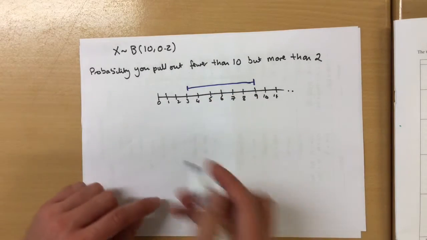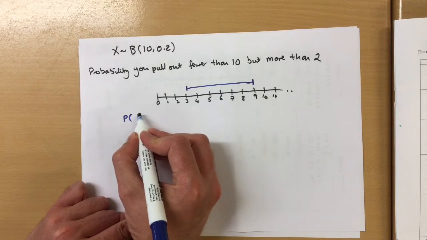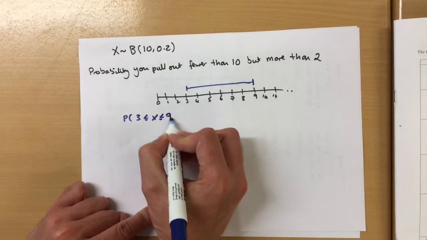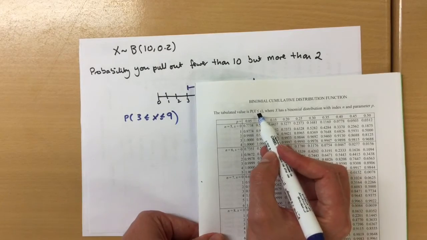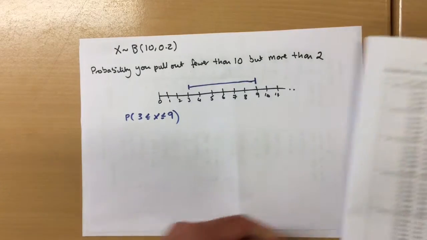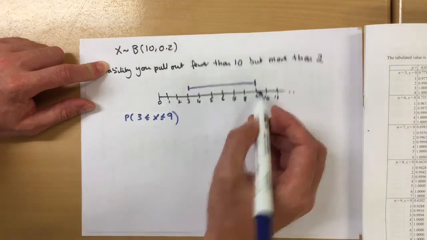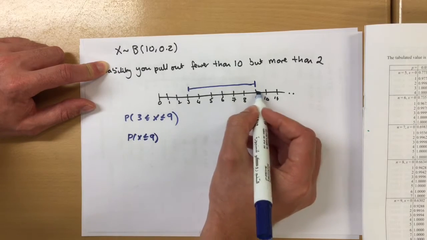Remember our table, so we want the probability that x is bigger than or equal to 3 and less than or equal to 9, essentially. And remember our table only shows the less than or equal to numbers. So something we need to do is the probability that x is less than or equal to 9, which says all the way down here.